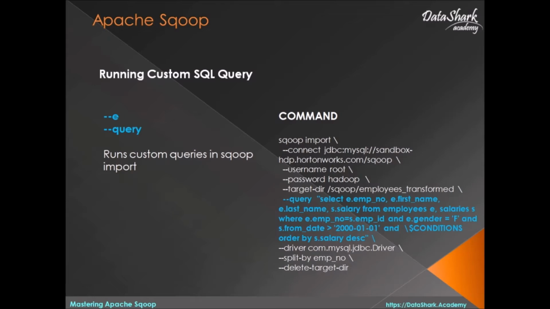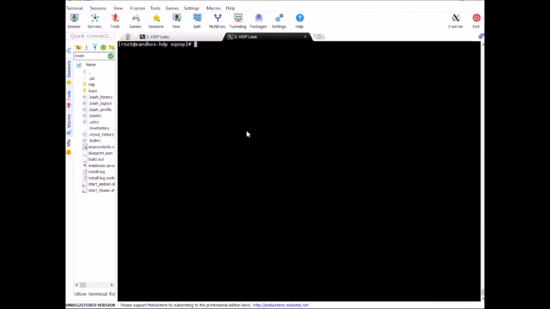Let's try this in the terminal now. So let me bring up the terminal. This again will be a Sqoop command. It's an import and I'll use the options file.